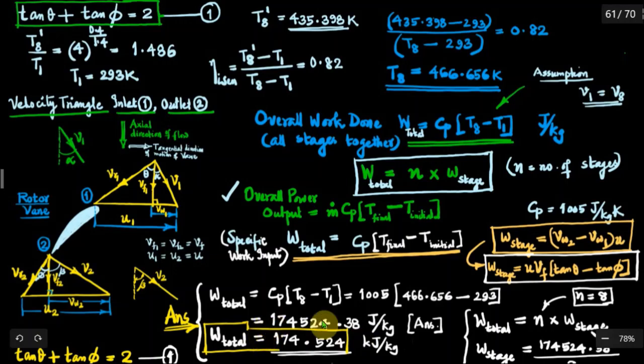In fact, Euler's work we are finding out. Then for W total in kilojoule per kilogram, you divide this quantity by 1000. So in kilojoule per kilogram, this value will be 174.524 kilojoule per kilogram.